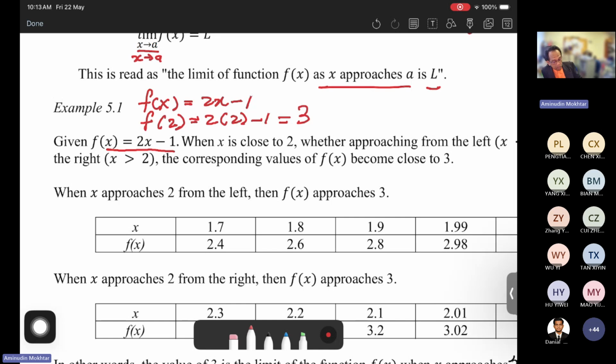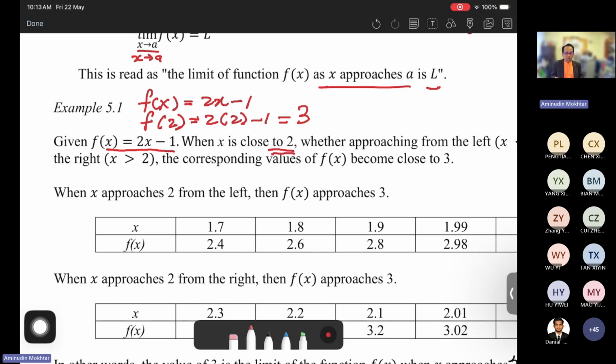But in this topic, when we want to find a limit, let's say I choose one number, x equals a. I want to analyze when x is close to this number, when x approaches 2.